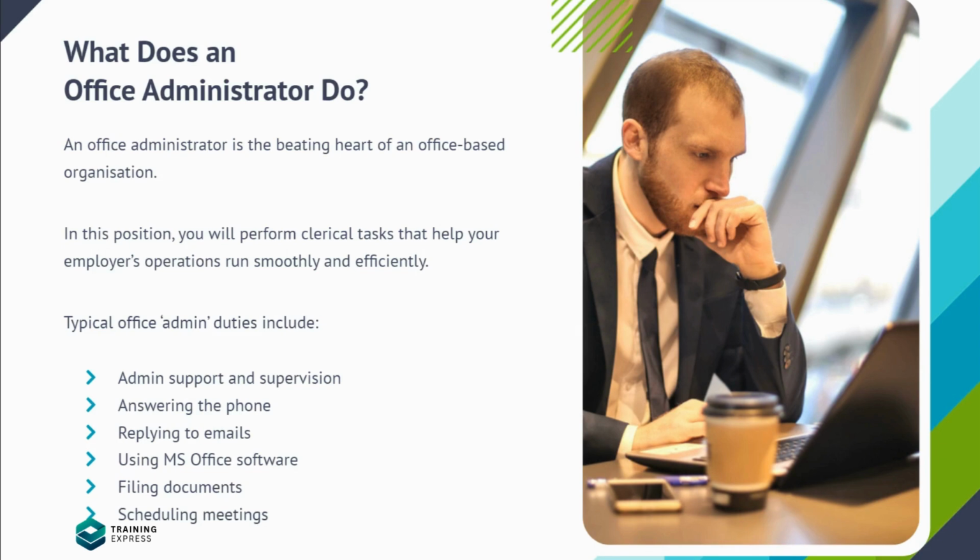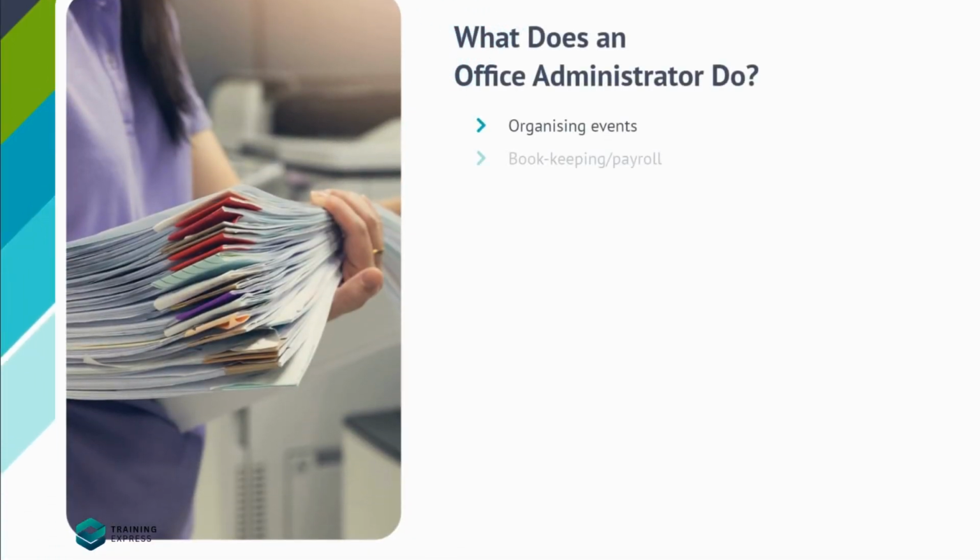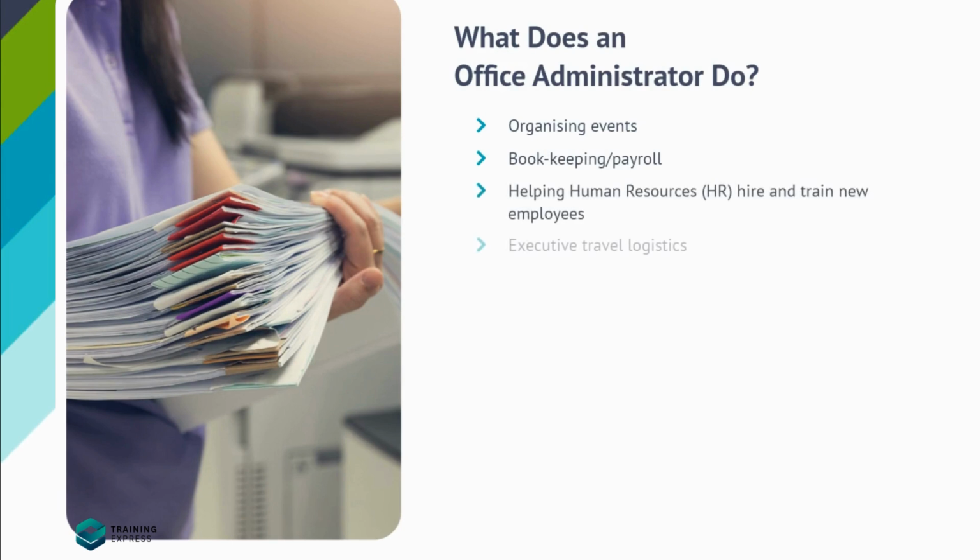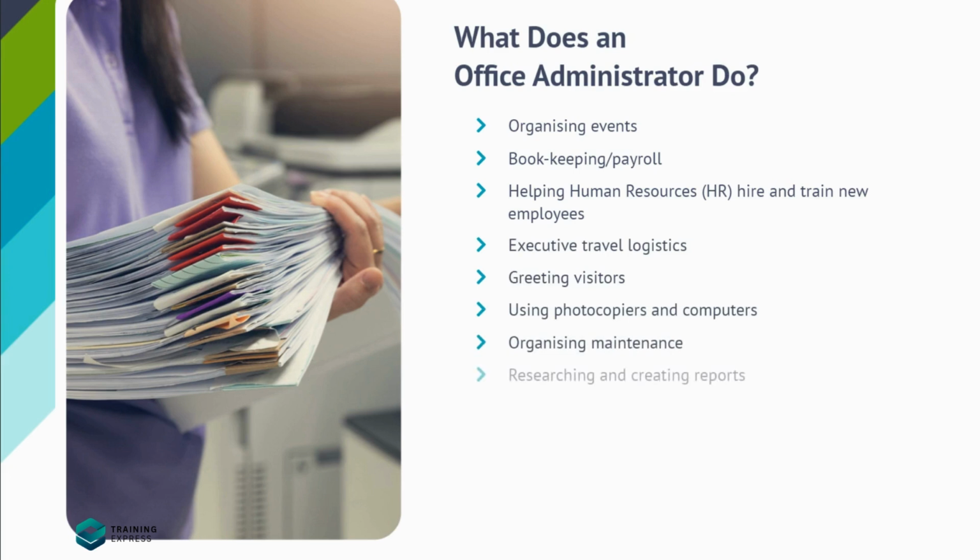Typical office admin duties include admin support and supervision, answering the phone, replying to emails, using MS Office software, filing documents, scheduling meetings, organizing events, bookkeeping or payroll, helping human resources, HR, hire and train new employees, executive travel logistics, greeting visitors, using photocopiers and computers, organizing maintenance, researching and creating reports.